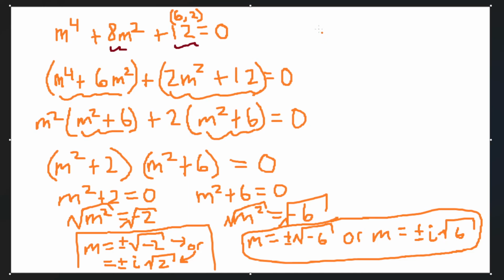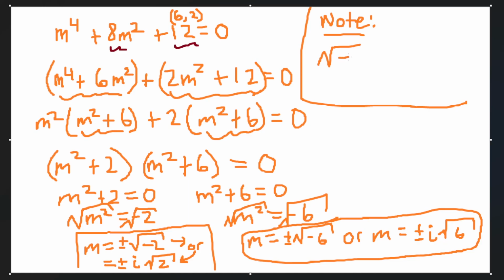As a note, for example, the square root of negative 2 equals the square root of negative 1 times the square root of 2, not negative 2, just the square root of 2.